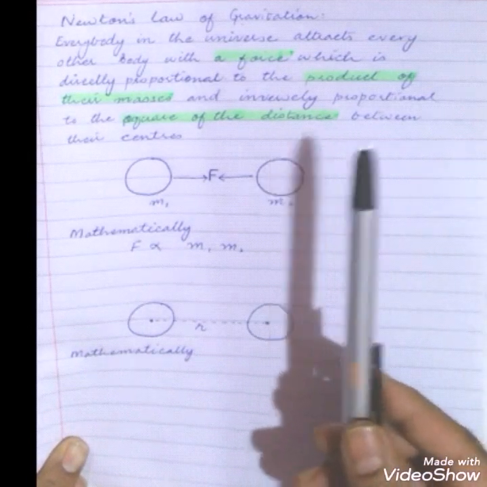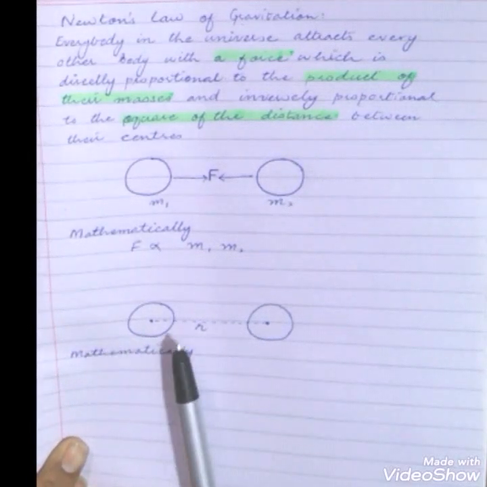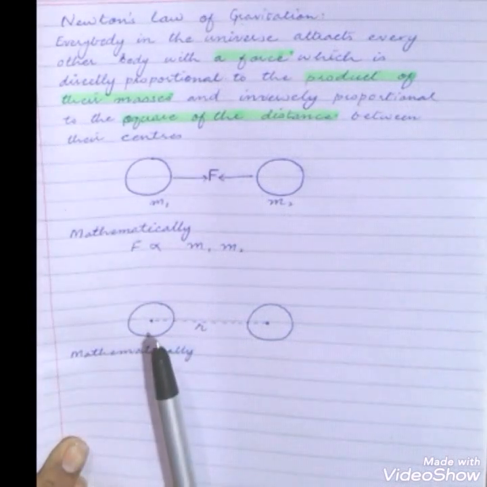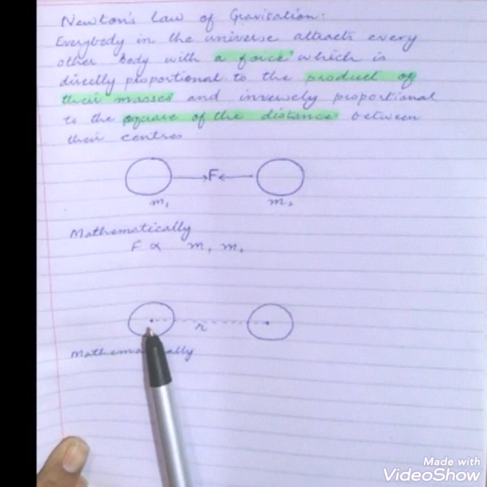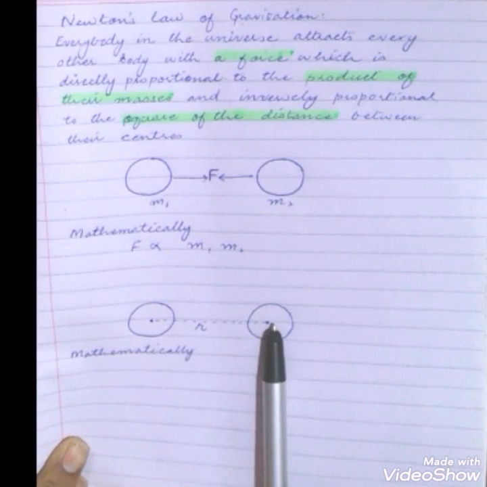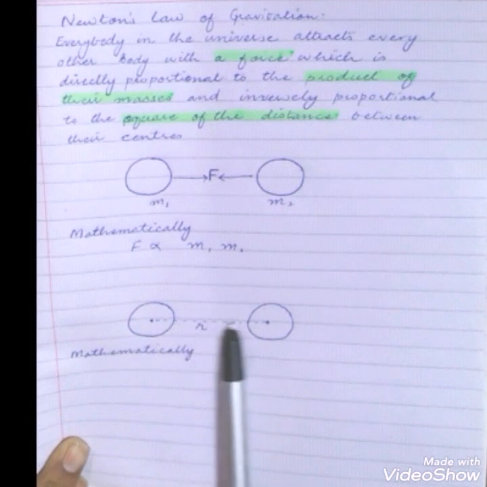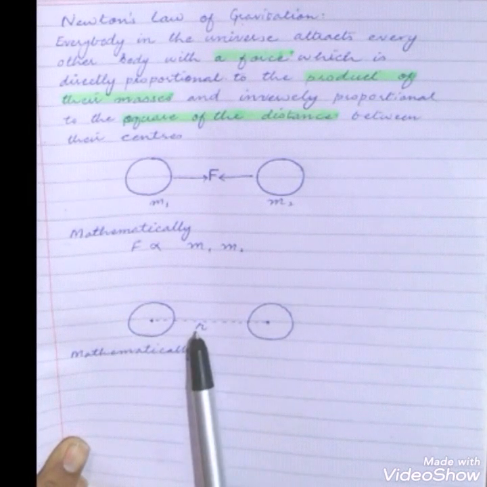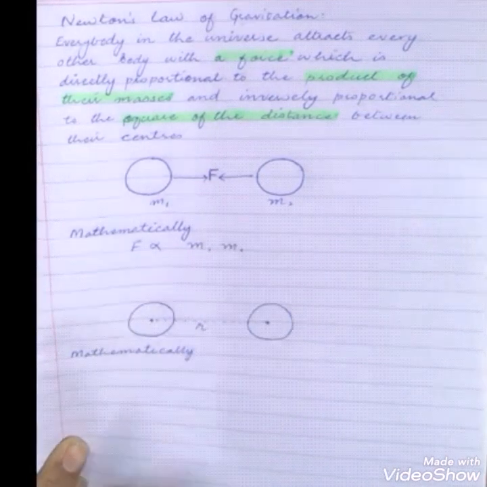The second part of Newton's law of gravitation states that this force depends inversely on the square of the distance between their centers. This is object 1, this is object 2, and the distance between their centers is represented by the letter r.